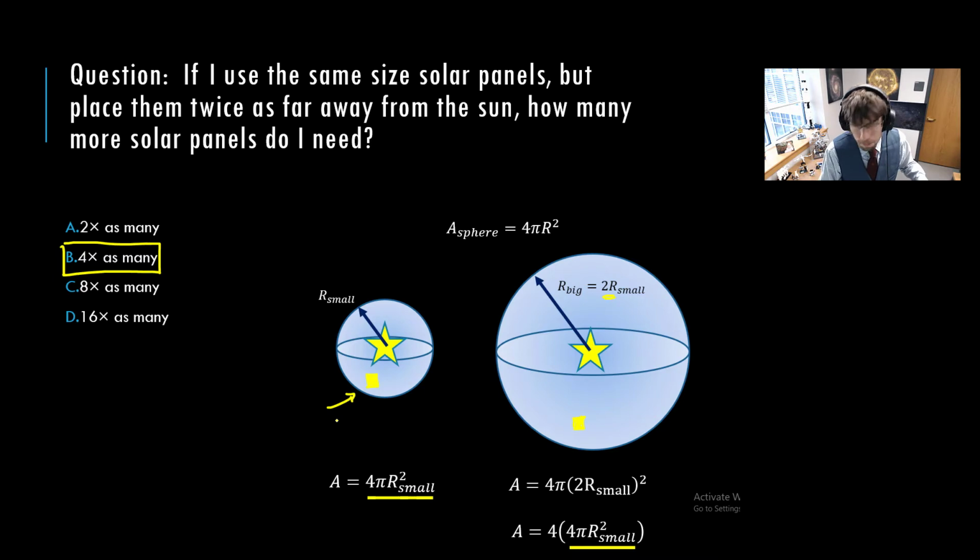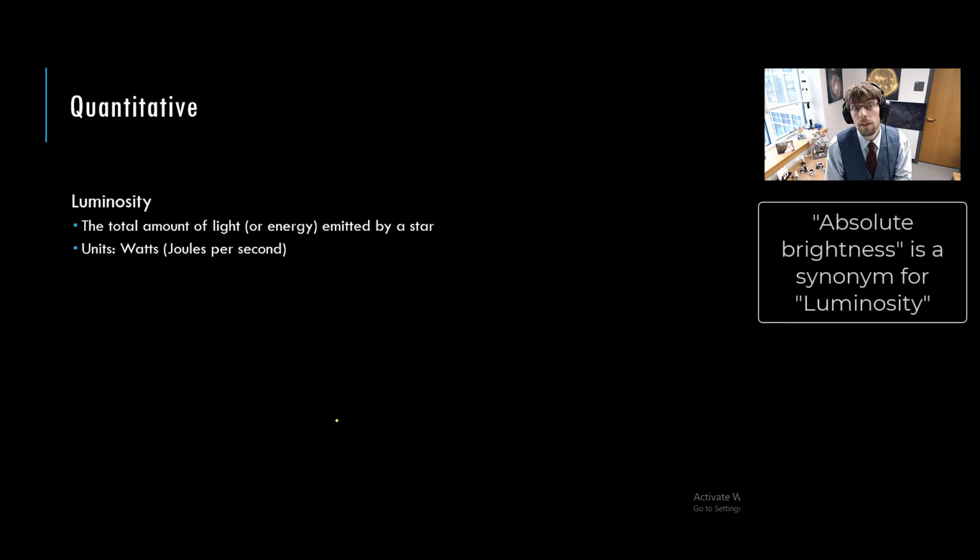Okay, so let's pull this all together. So quantitative, okay? Term for you, I'll say luminosity. The luminosity of a star is the total amount of light that the star emits. The luminosity of a star does not change.